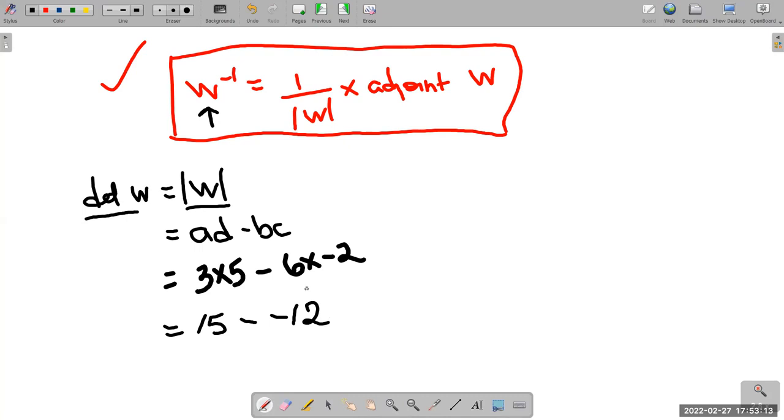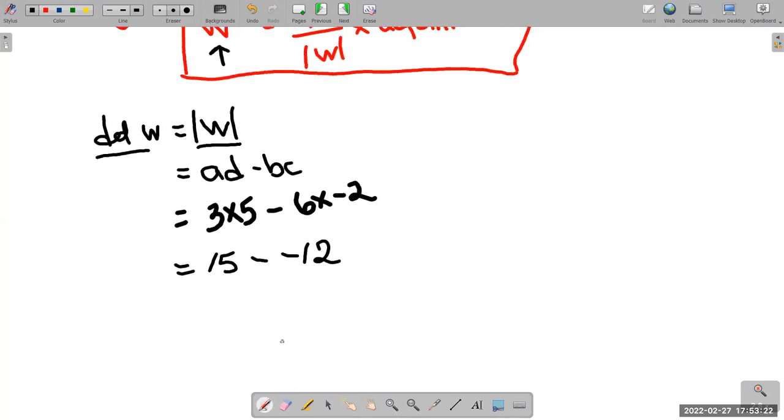Which is why I asked everybody to do it. You cannot afford to make mistakes of this nature. So my priority right now is to ensure that you don't slip up and make these types of mistakes. So you know this is going to become what? 15 plus 12. So this is going to be 27. Everybody with me? That's why I need y'all to practice these things.